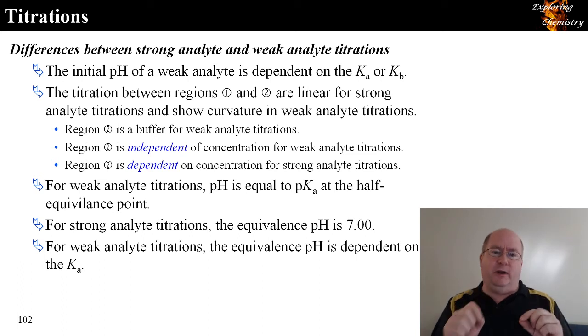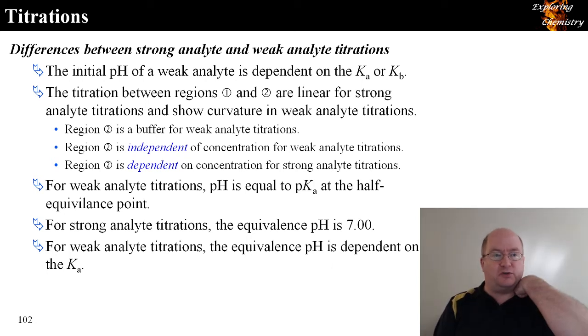It's a subtle point, but we'll see it when we look at the pictures. Region 2 is a buffer for weak analyte titrations, and region 2 is independent of concentration. That's a unique factor. It's independent of concentration for weak analyte titrations, but it is dependent on concentration for strong analyte titrations. There are pictures in your book that show what happens when you change the concentration of your initial weak analyte versus initial strong analyte and do the titration.